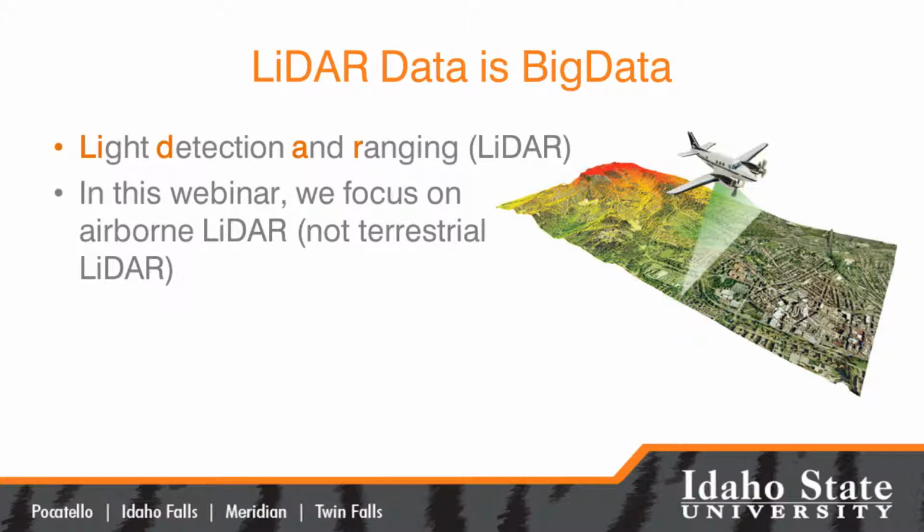In this webinar, we're going to focus on a specific type called airborne LIDAR, the acquisition like you're seeing in this slide's graphic, with an aircraft passing overhead and acquiring the elevation data and ancillary information for the ground immediately beneath it. We're not going to be talking about terrestrial LIDAR, although that is another type that is available.